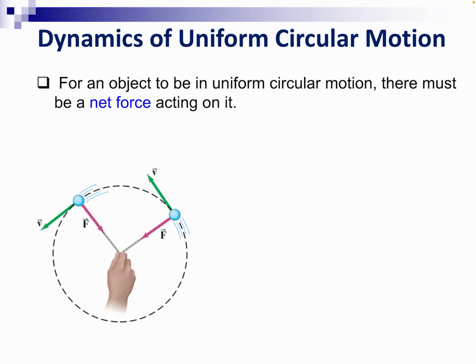You will only have acceleration if you have a net force. And since you have acceleration directed to the center of the circular path, then you should also have a net force, and the direction of this net force will be in the same direction as the acceleration.